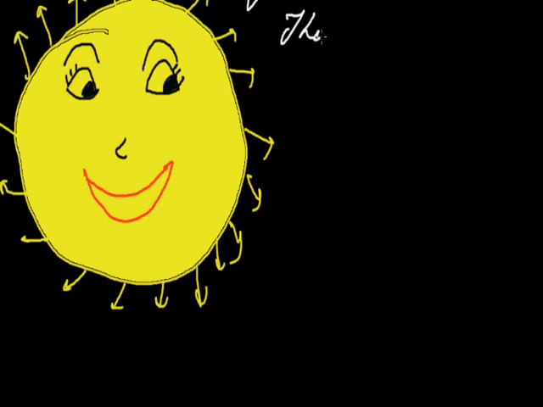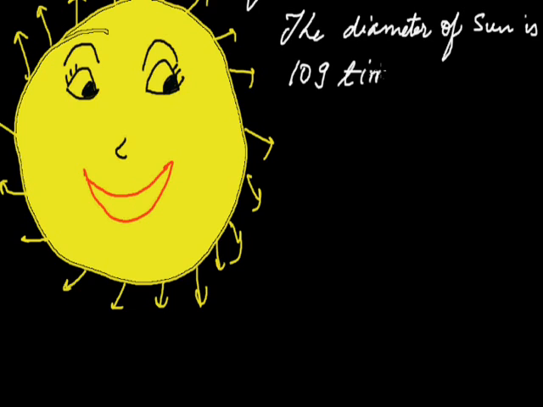The diameter of the Sun is 109 times that of Earth. Yes, it is 109 times the Earth's diameter.